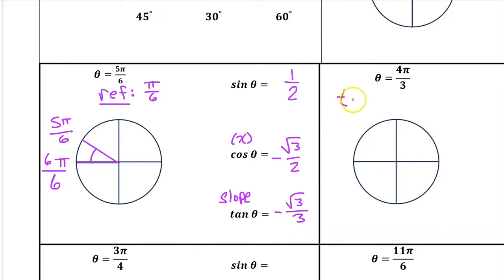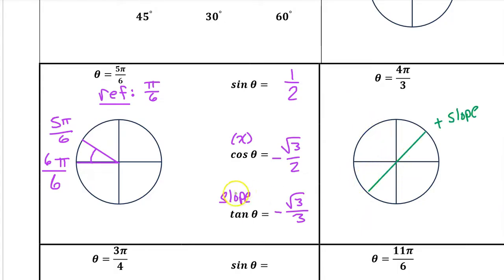By the way, if you just want a quick pattern to memorize, tangent will be positive in the first quadrant. All three trig functions are positive in the first quadrant. But the pattern for tangent goes like this: positive in these two quadrants and negative in these two quadrants. Sort of the diagonals are the same.